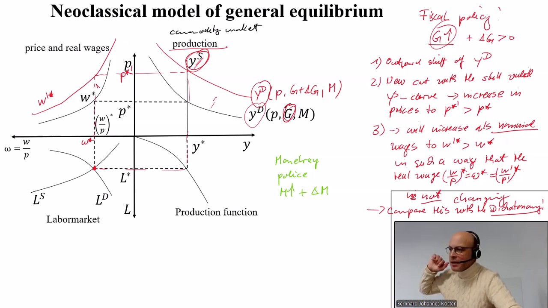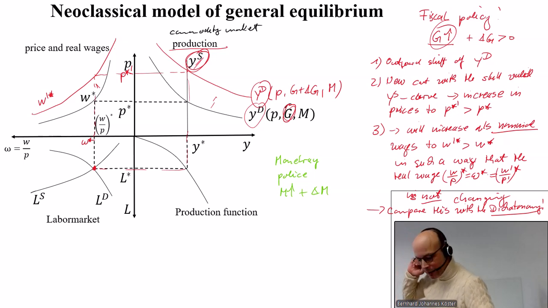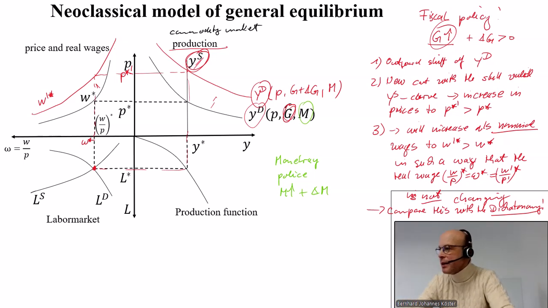Yes, here we have m. Again, we find it in the aggregated demand curve. What happens to the aggregated demand curve if m is increasing?